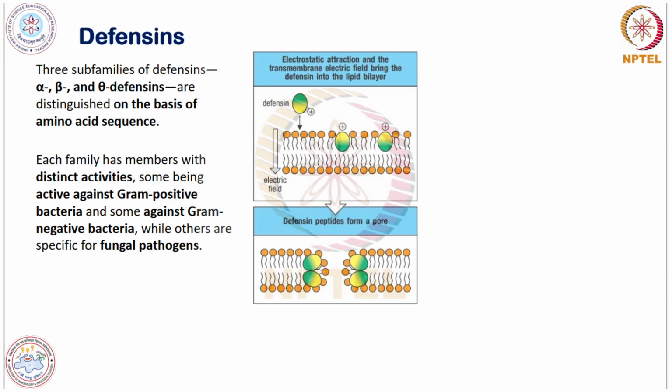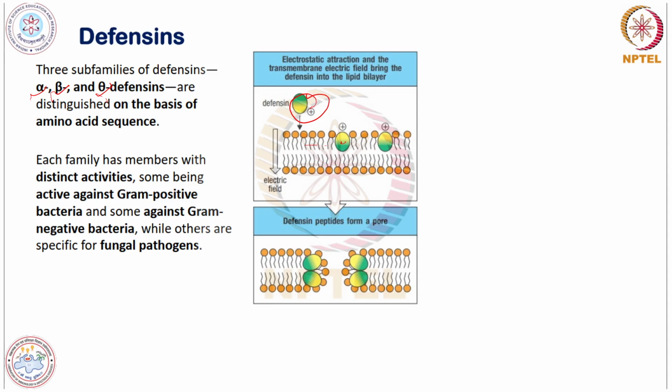Like these defensins are positively charged peptides that attack the membrane of these pathogens. There are three main types of amino acid sequences: alpha defensin, beta defensin, and theta defensin. These are small molecules which are responsible for killing the pathogens.